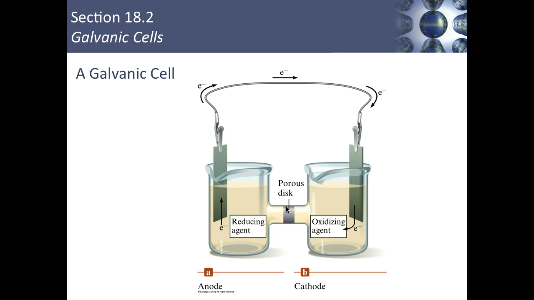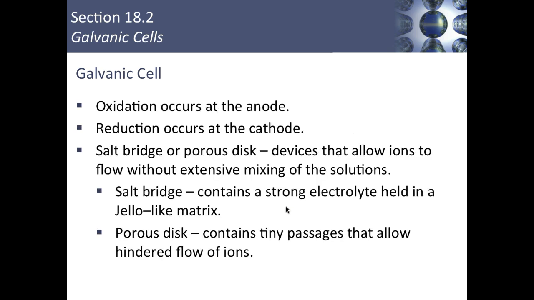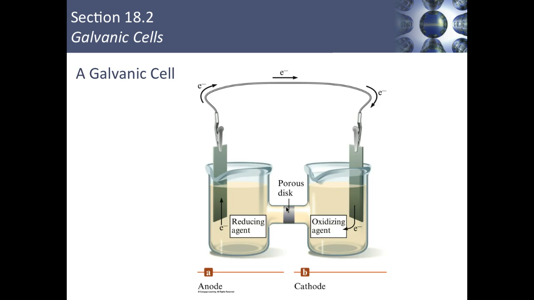Now, the place where the electrons are coming from is what we're going to call the anode, and the place where we saw the electrons going to is going to be the cathode. Okay? Now, oxidation is what's going to occur at the anode, and reduction is what's going to happen at the cathode. A couple ways to remember this, and I'll go ahead and write this on screen so it's a little bit easier for you guys to see. The way to remember, we're going to look at red cat.